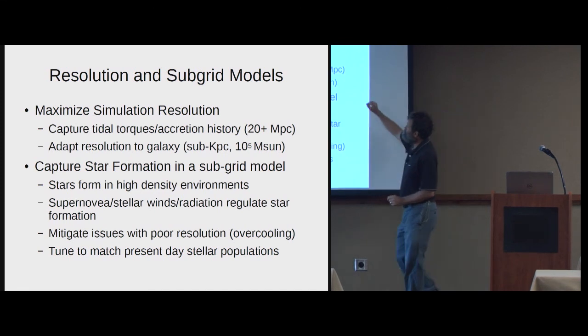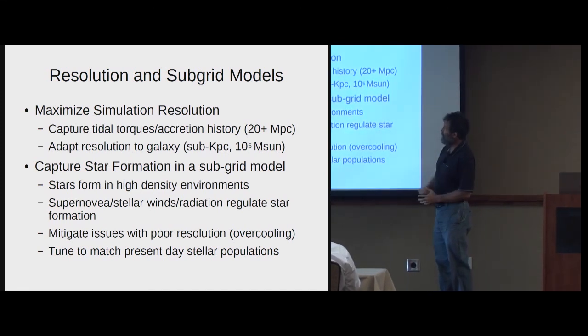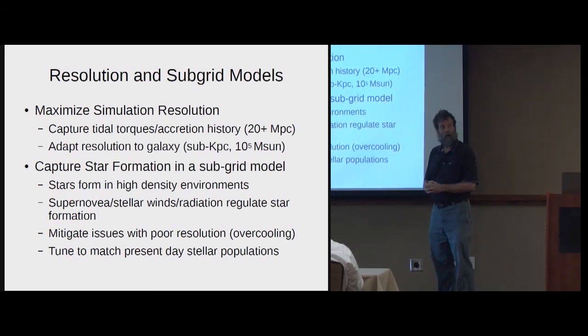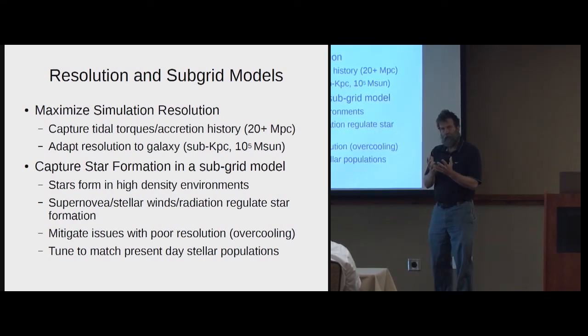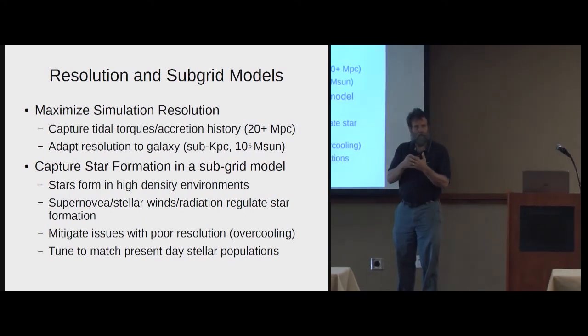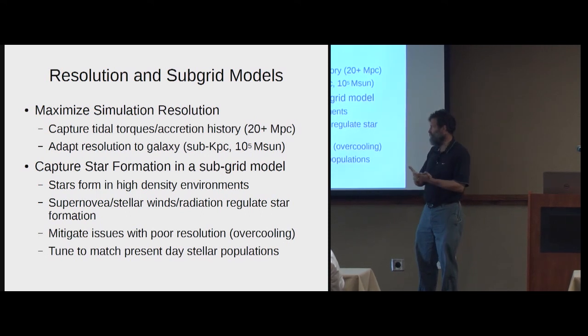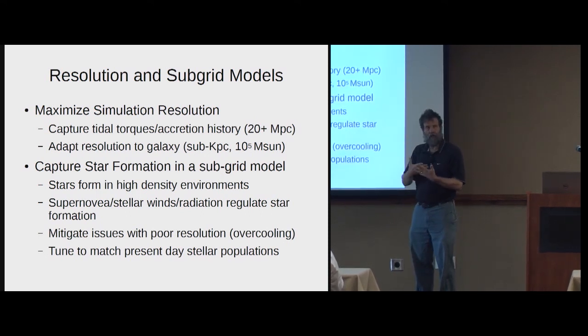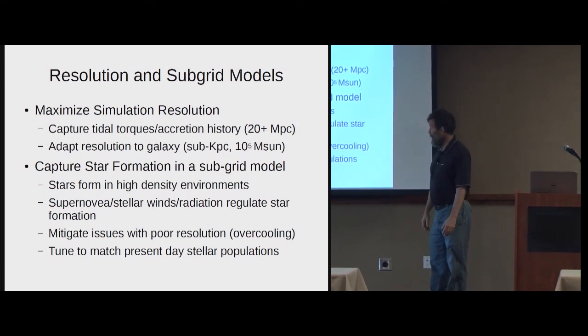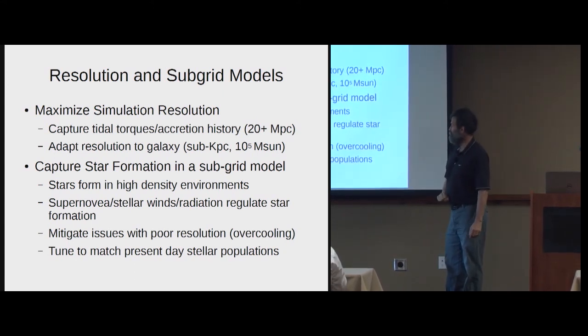We need to capture the large scales I just mentioned. For the small scales, we're putting this into a model where we have the stars form in high density environments. That is, we're looking at scales of molecular cloud size, so 10^5, 10^6 solar masses, and we can get those properties in our cosmological simulation and use that as a star forming model, and then model the subsequent supernova feedback that regulates the star formation, preventing all the baryons in the galaxy from turning into stars.